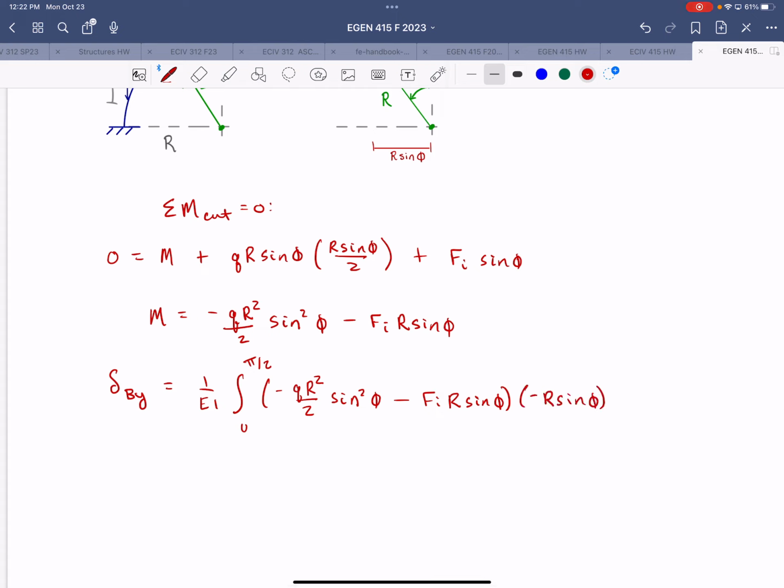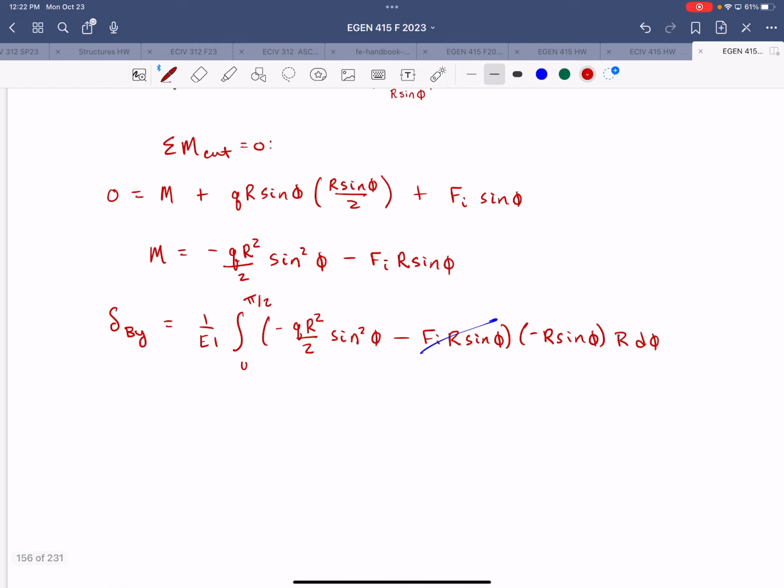And then we have the r d phi, getting rid of the Fi term now. We evaluate that integral. It's going to be, well, we'll simplify it first. QR to the 4th over 2EI times the integral from 0 to pi over 2 of sine cubed phi.